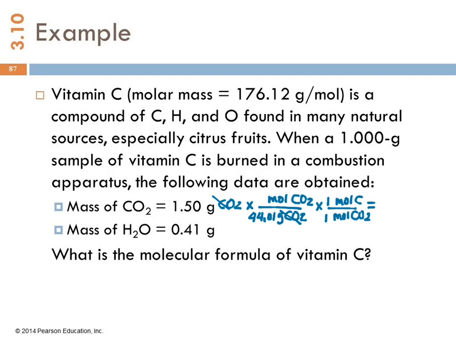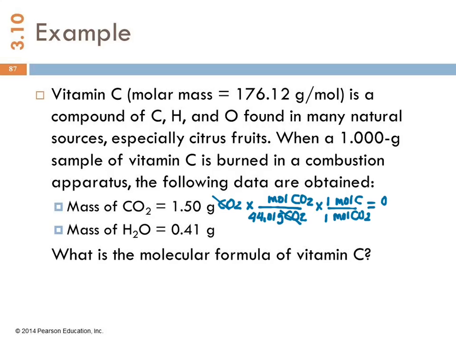Okay, so I'm going to find the moles of carbon here, and I'm also going to write down the grams of carbon. So I've got 1.5 grams of carbon dioxide, and I'm dividing by the molar mass of carbon dioxide, and then it's 1 to 1.